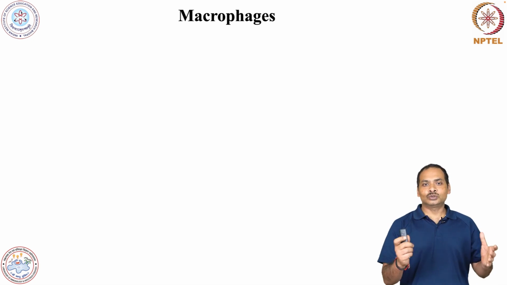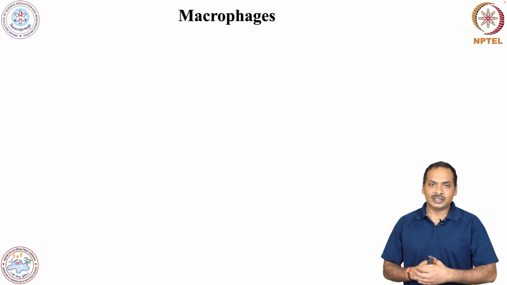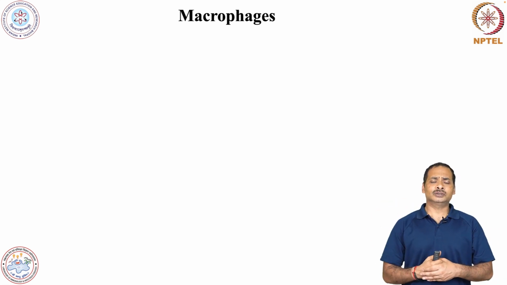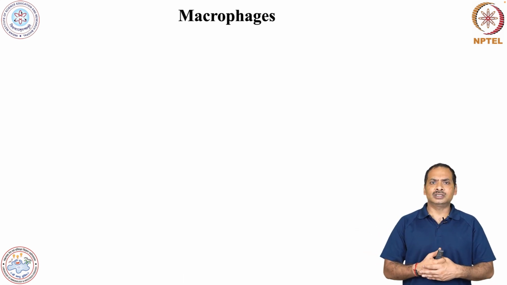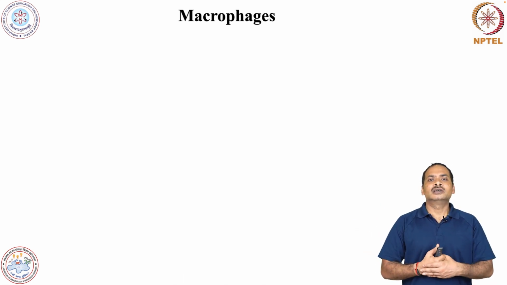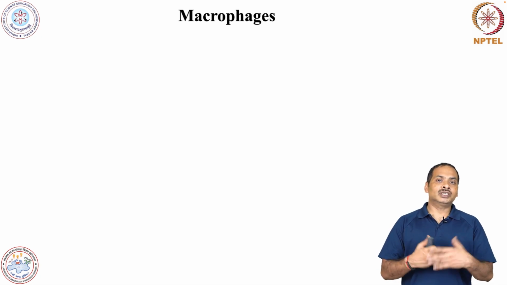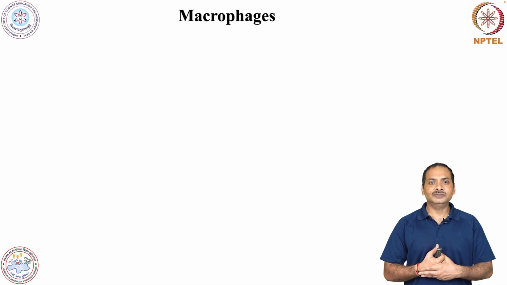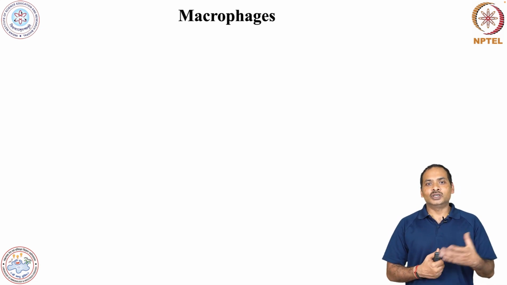One is cellularist and the other is humoralist, who believed there is some soluble component in the blood which takes up the antigen, clears the antigen, or protects us from infection. So, the macrophage was discovered quite early.